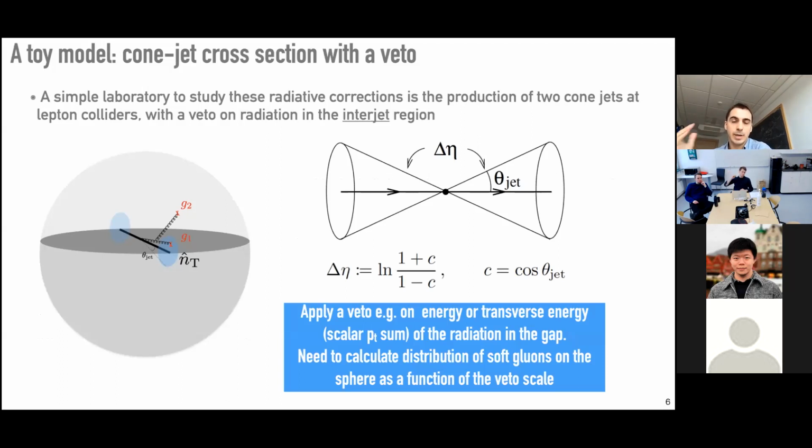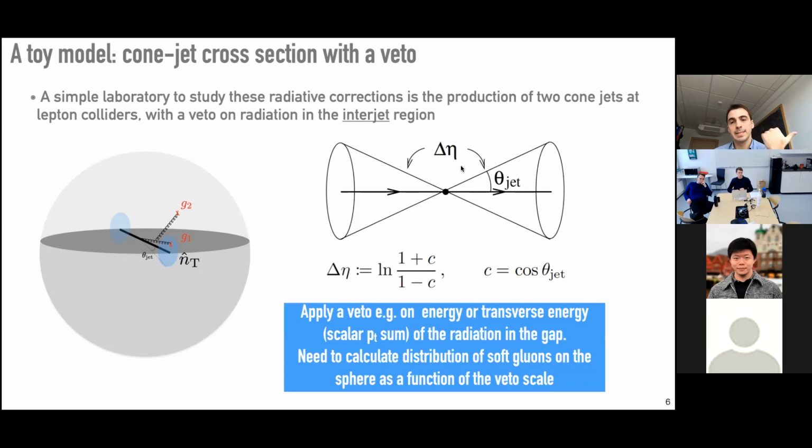So we try to create a simple enough theoretical laboratory which reproduces all the conceptual aspects that we want to study and solve. So in this case, probably the simplest collider non-global observable is the cross-section for the production of a dijet system in e plus e minus collisions. So it creates two Sterman-Weinberg jets with a cone defined with respect to the thrust axis. And we consider the rapidity gap in between the two jets and apply a veto in that region.